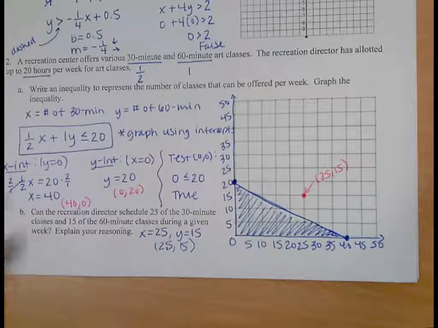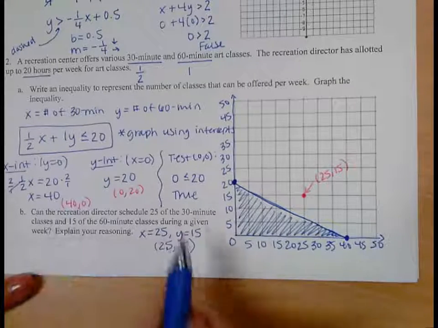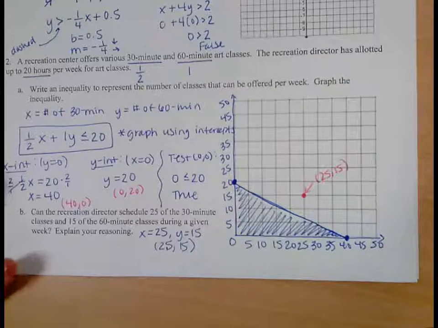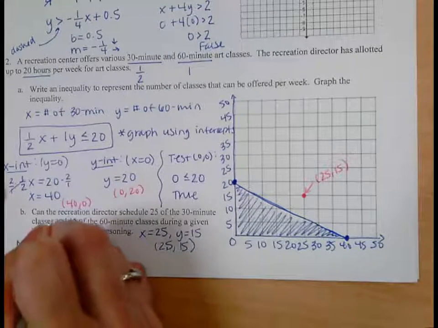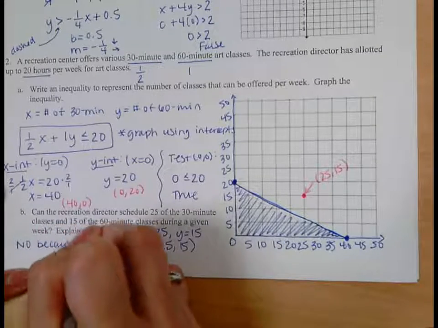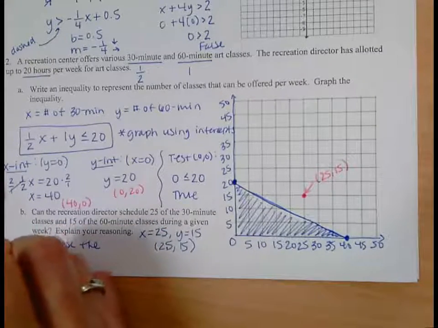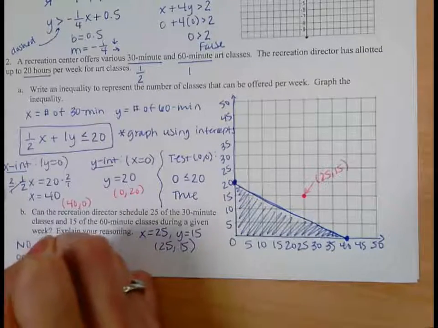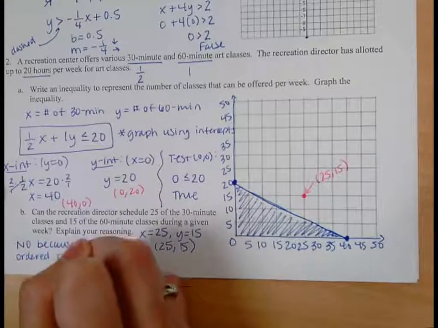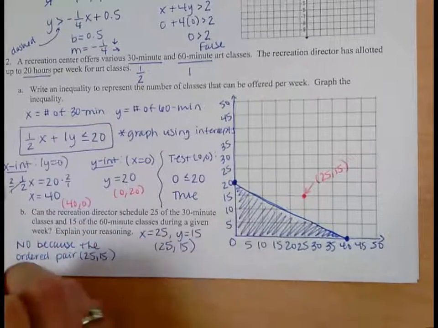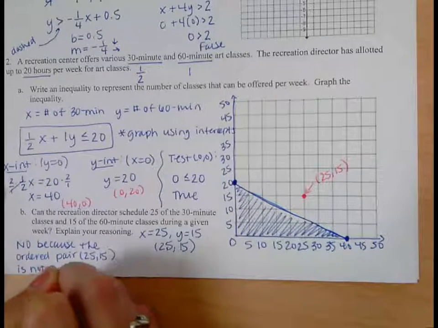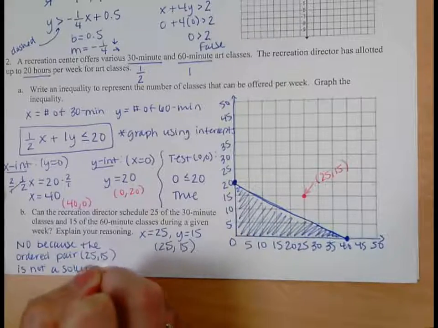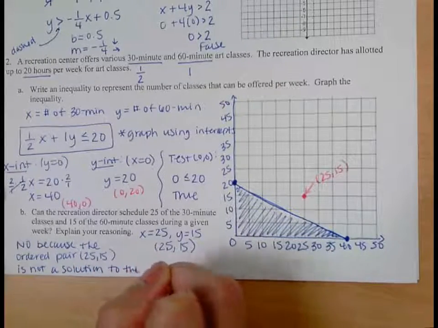So I can say, can the recreation director schedule 25, 30-minute classes, 15, 60-minute classes during a given week? No, because the ordered pair 25, 15 is not a solution to the inequality.